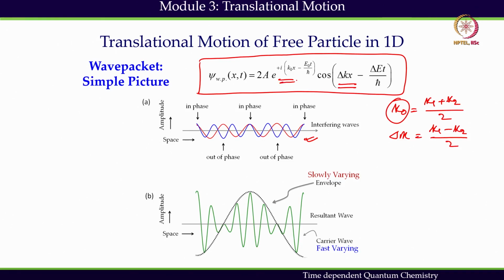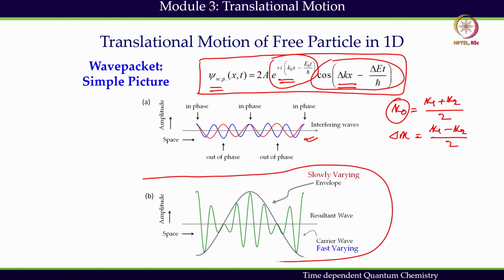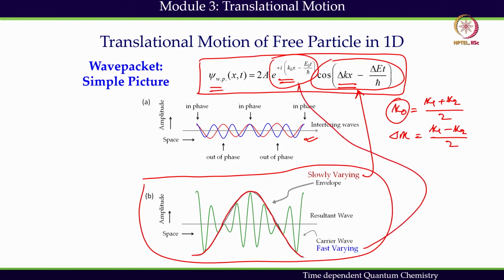So what does it mean? I have two different plane wave components representing the wave packet. It means that here we have to see this figure. This slowly varying component is this one, which is giving me the envelope function, and the fast varying component is this one, which is giving me the carrier wave. So in a wave packet I have two components.